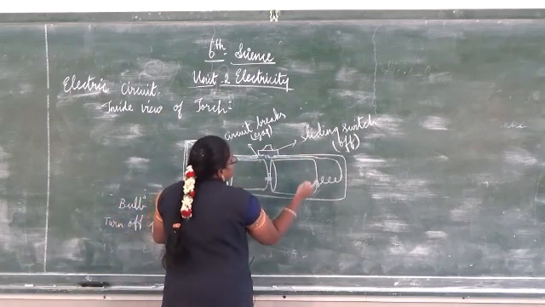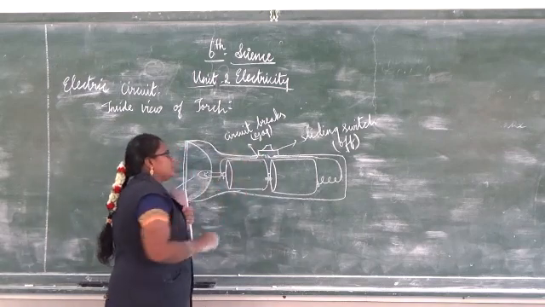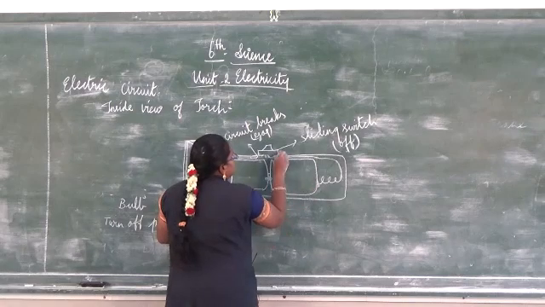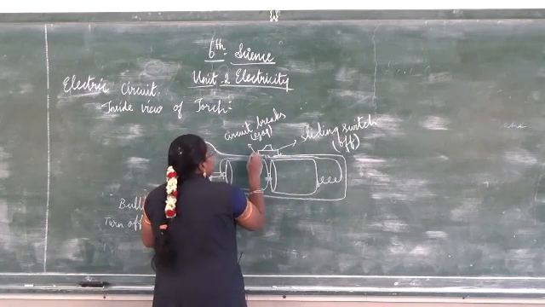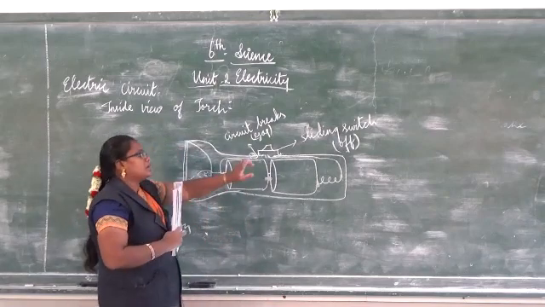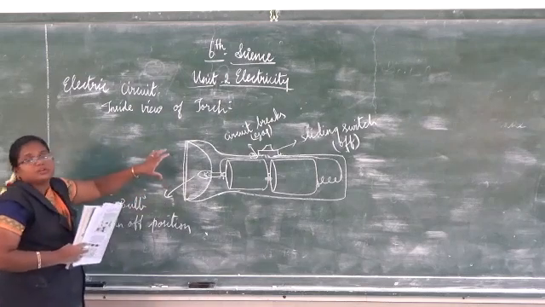So here it is negative and here it is positive. When it touches, what happens? The continuous flow of current will be there, then the torch will glow.